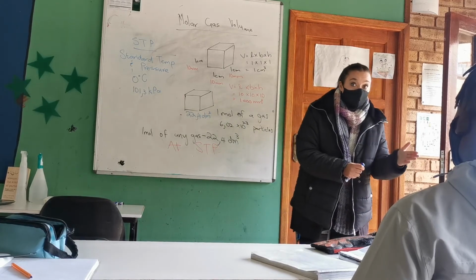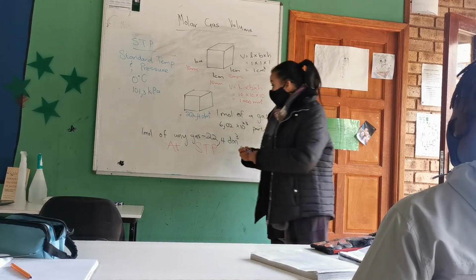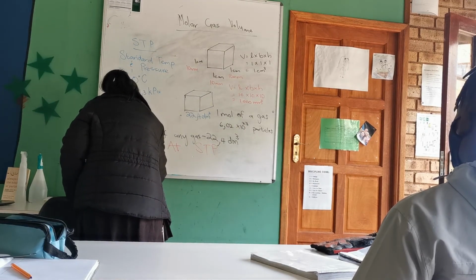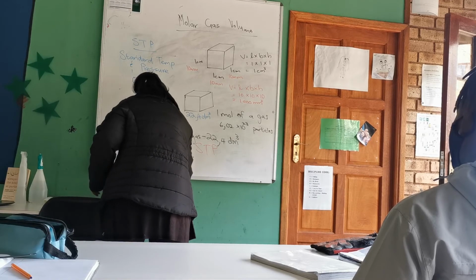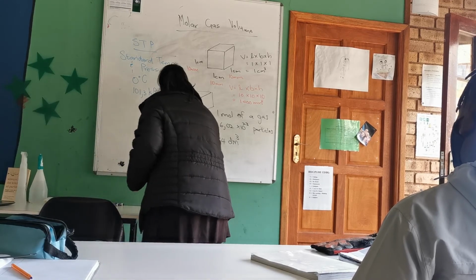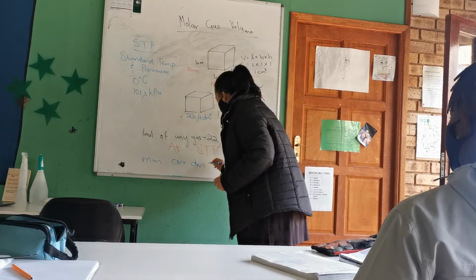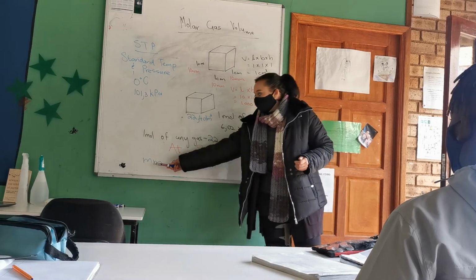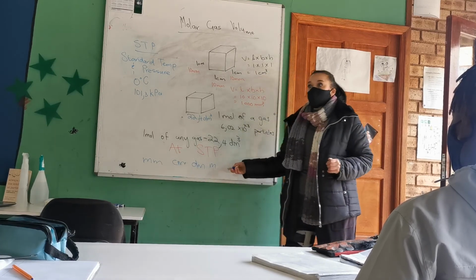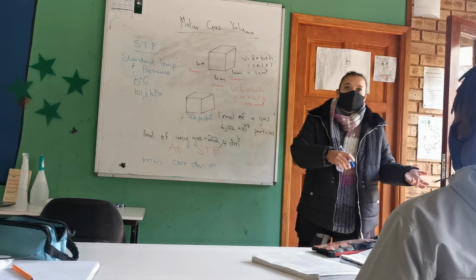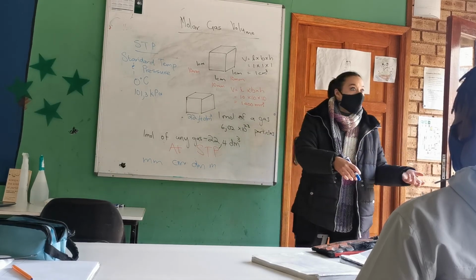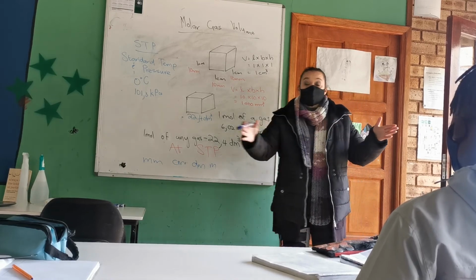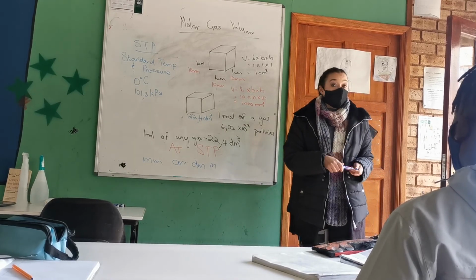We get millimeters, then centimeters, then decimeters, and then meters. So it's 10, 10, and then 10. There are 10 decimeters in a meter, and there are 10 centimeters in a decimeter. That's the range of measurements. I'm going to pause here.